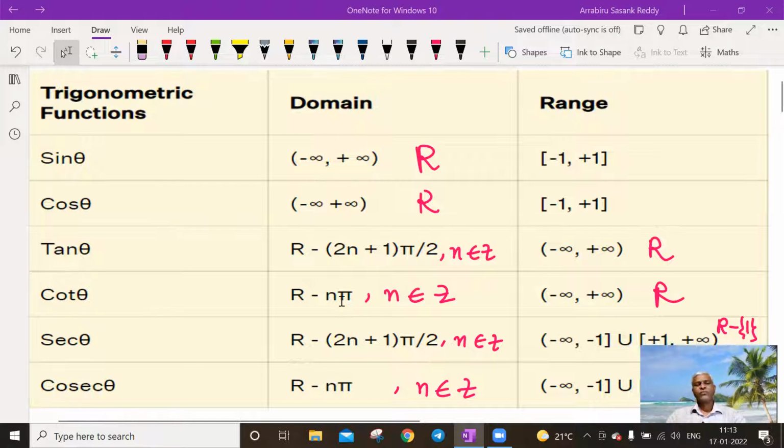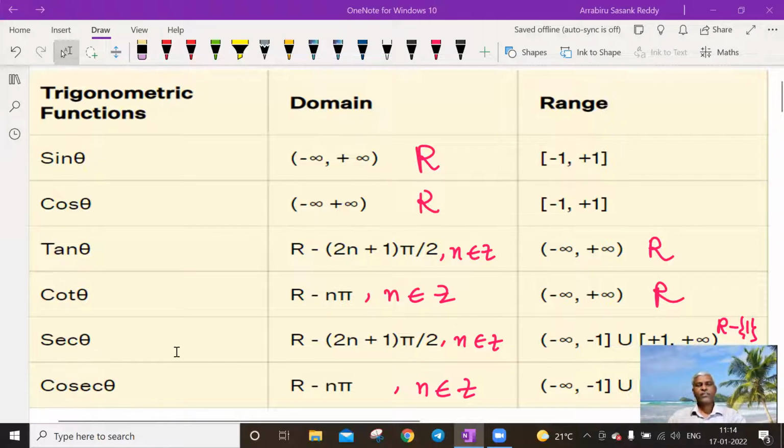And 2 into 180, 3 into 180, 4 into 180. For all these angles, cot function is not defined. So cot function domain is R minus n pi and range is set of real numbers, minus infinity to plus infinity.